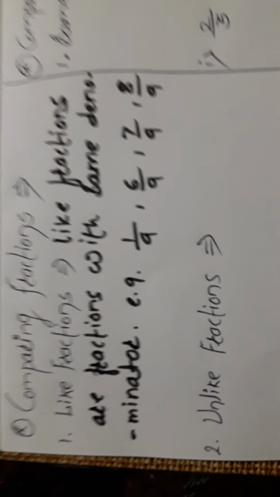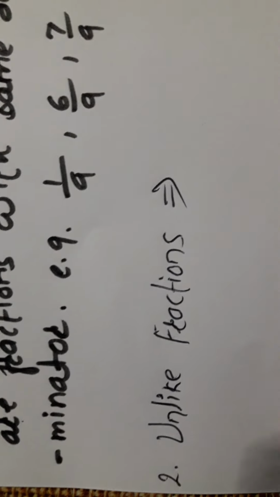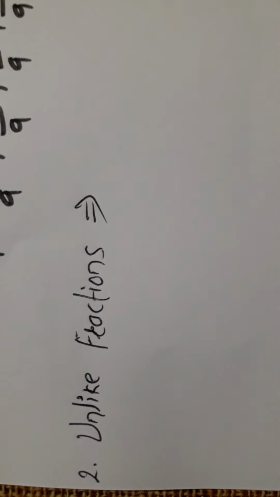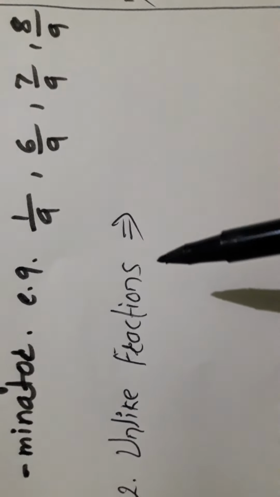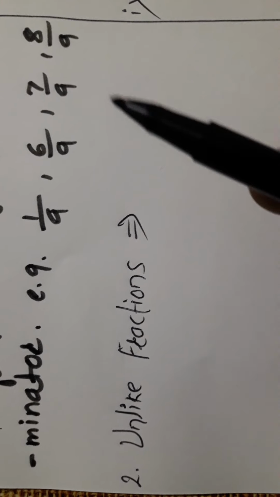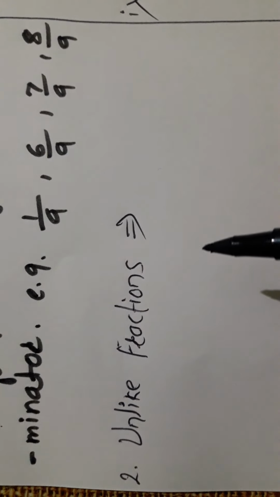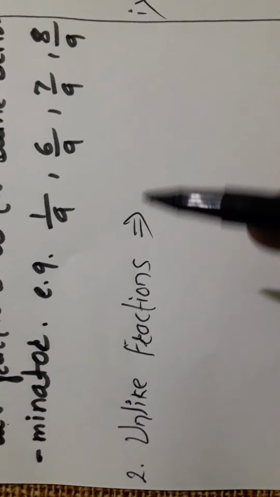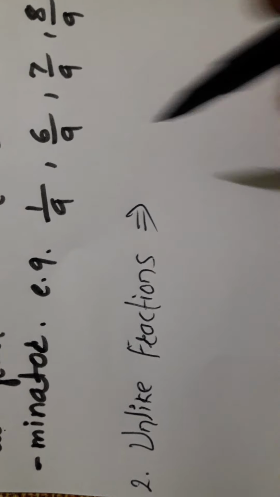Totally opposite in this case are unlike fractions. Do you understand what I said? In like fractions, I told you, the fractions have the same denominator. Here we write: unlike fractions are fractions with different denominator, nothing else.